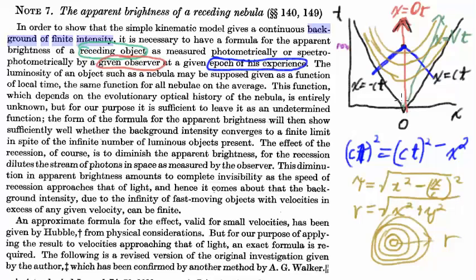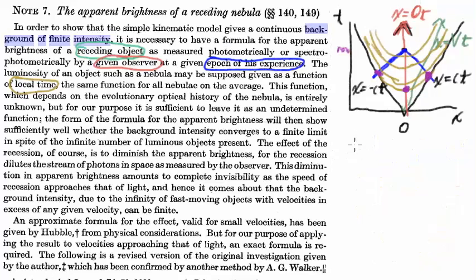These concentric hyperbolae are marked by increasing tau. And that tau here is the local time. And it's the same function for all nebula on average, which means that the age of a nebula here is the same as the age of the nebula here. And the age of the nebula here is the same as the age of the nebula here.